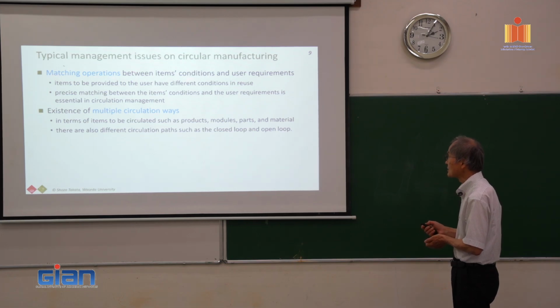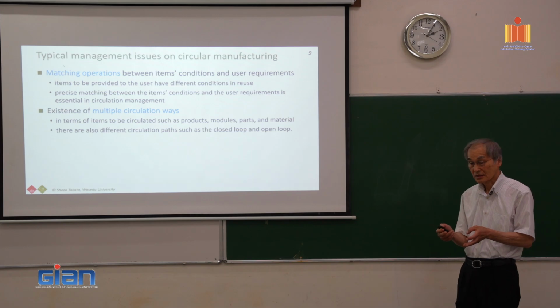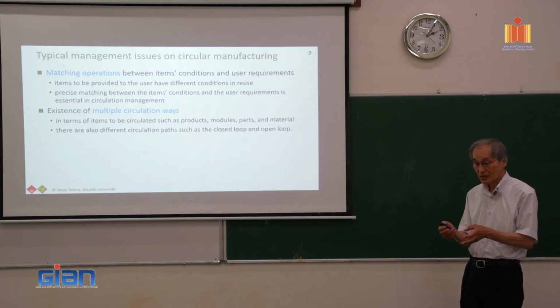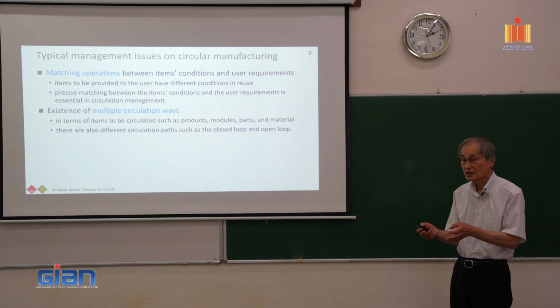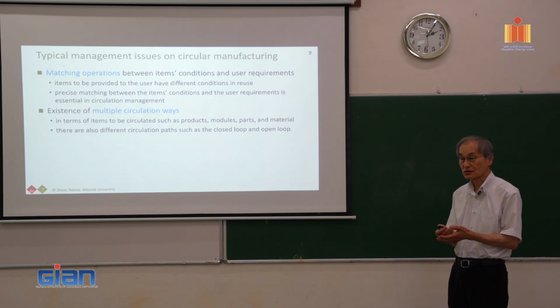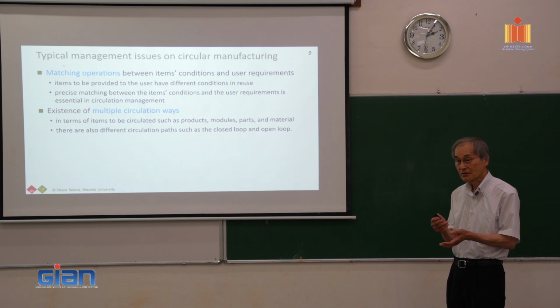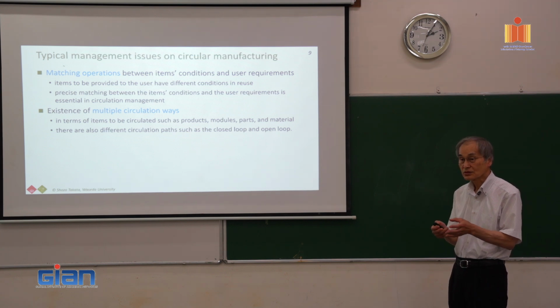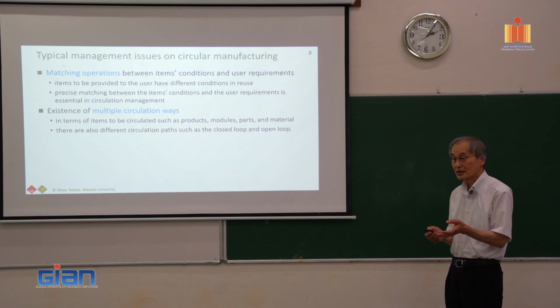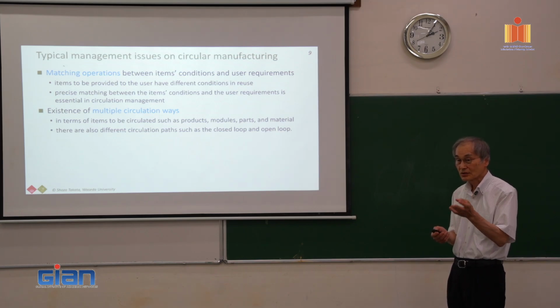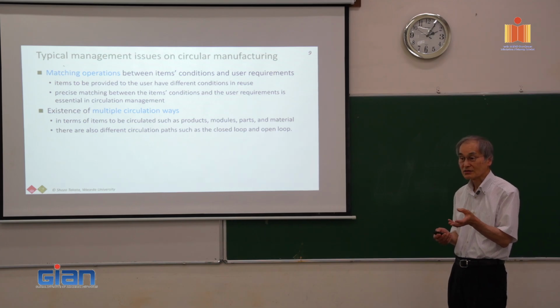matching operations between item conditions. For introducing the reuse option, reused parts have different conditions. In usual linear production manufacturing, the condition of the product is controlled strictly, and usually it has the same condition.